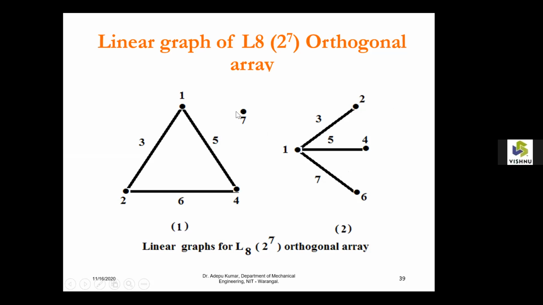Suppose D is not having any interaction, but A and B, A and C, and B and C are there. Suppose B and C is not there, you don't mind. You should consider only this, because for this layout these are the two linear graphs available.